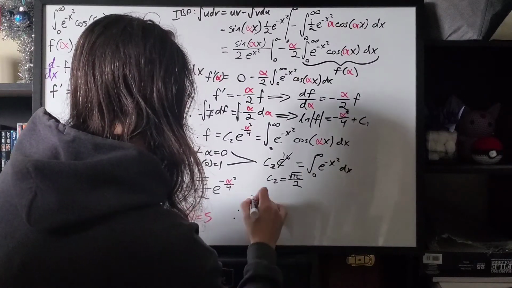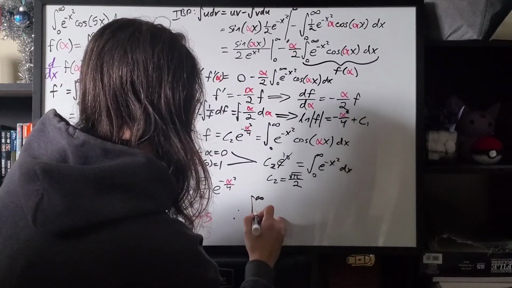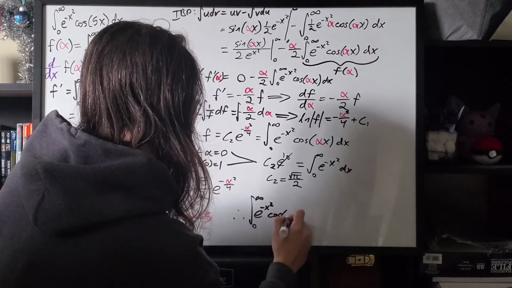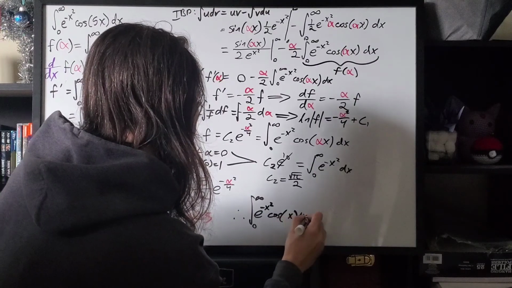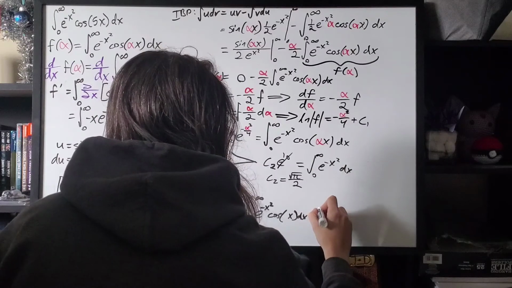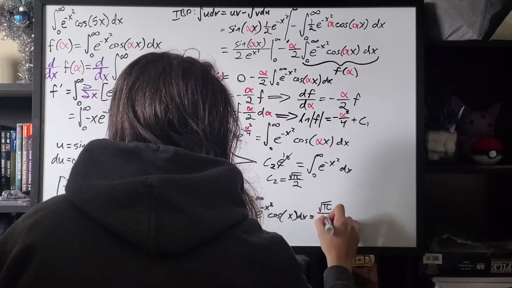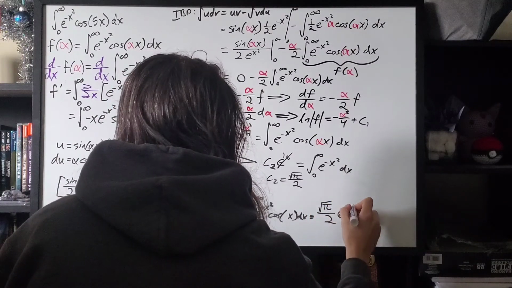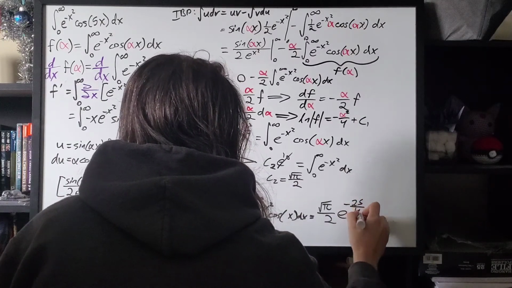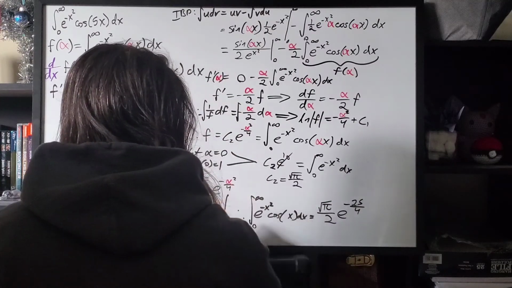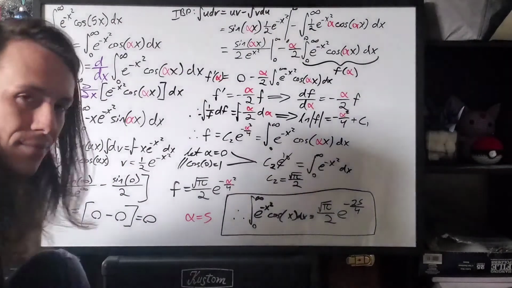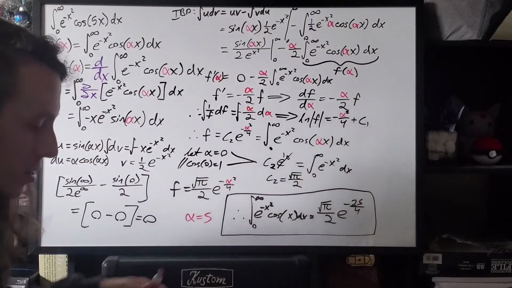Then the integral 0 to infinity e to the negative x squared cosine alpha x dx equals root pi over 2 e to the negative 5 squared, or 25, over 4. And there's our answer. Using the Feynman technique, we were able to solve this integral.